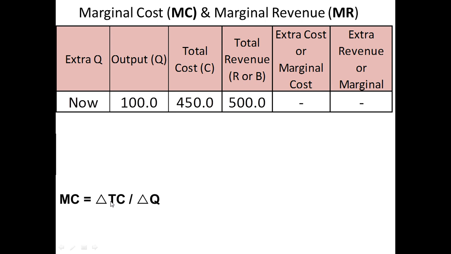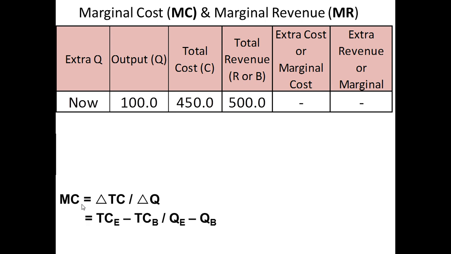If you want to get more output, you need to pay more cost. That's why the change in total cost divided by the change in total output is marginal cost.